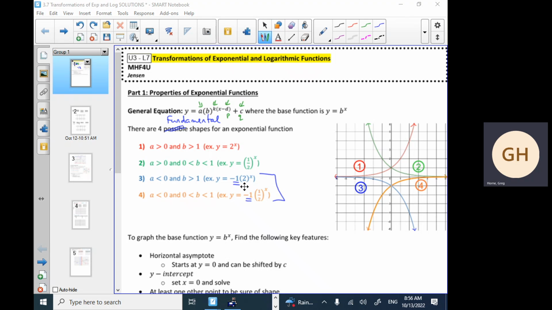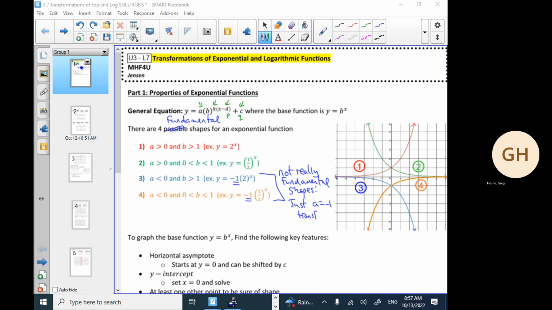So I'm just going to make a note here. These are not really fundamental shapes. They are really just A equals -1 transformations, which means that we can get rid of the -1 versions, so the 3 and the 4.